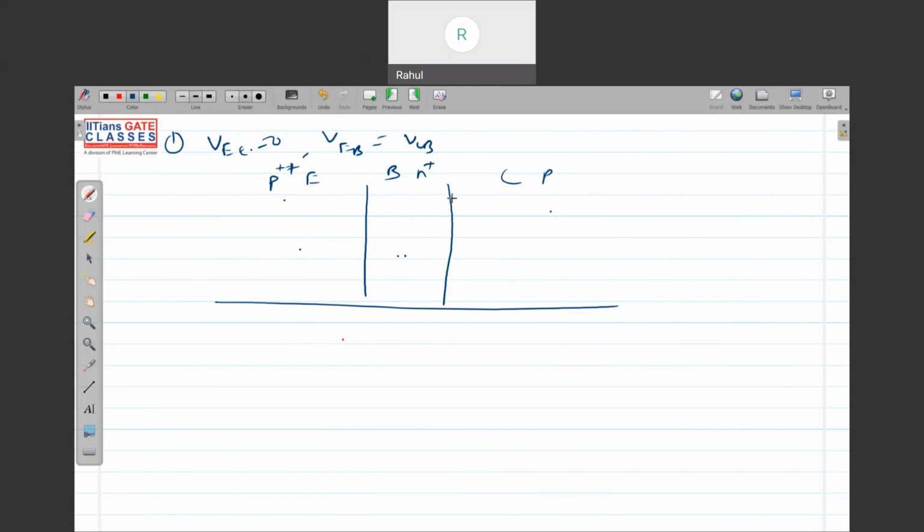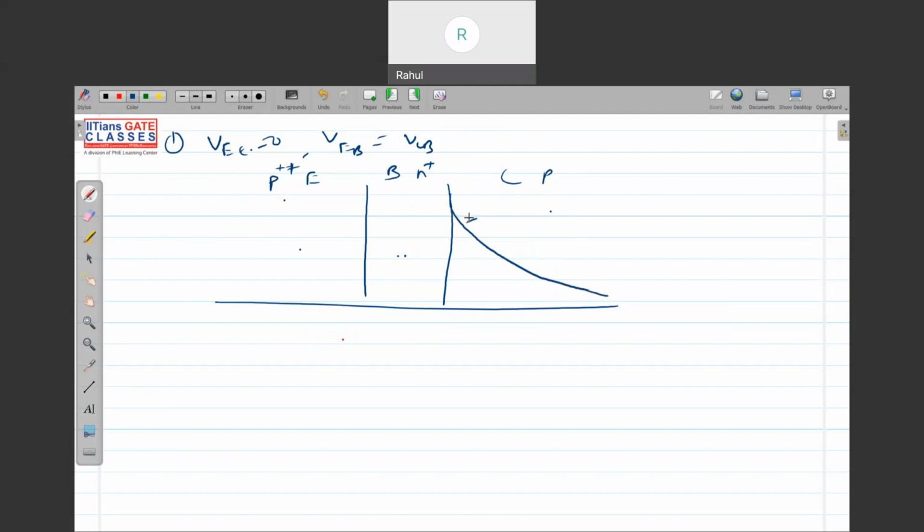First we will plot the concentration profile in the collector. In the collector, the electrons will be injected from base. If you want to draw the profile, it will be like this.